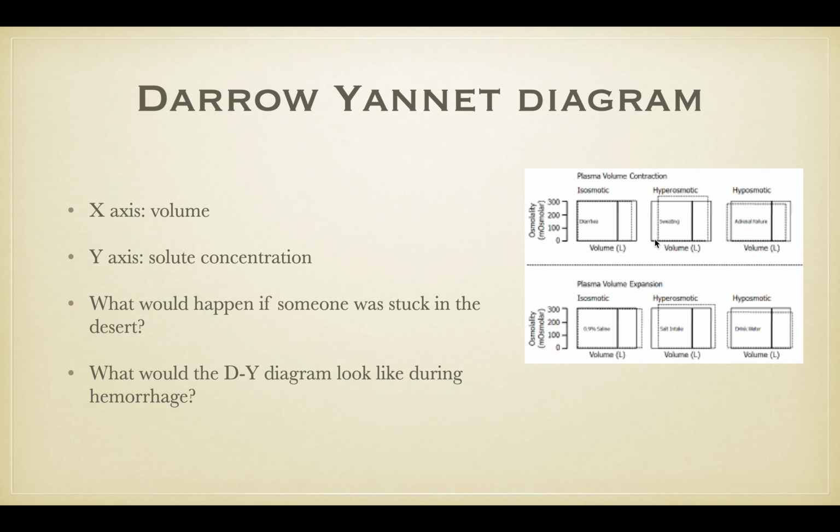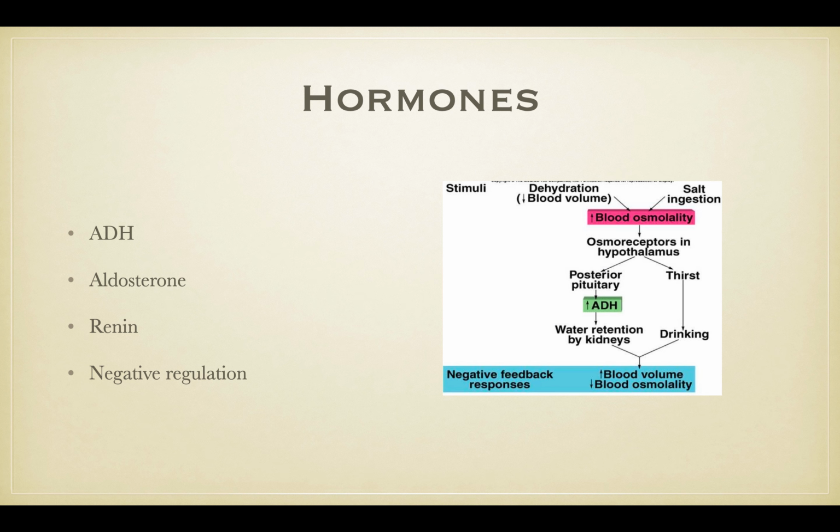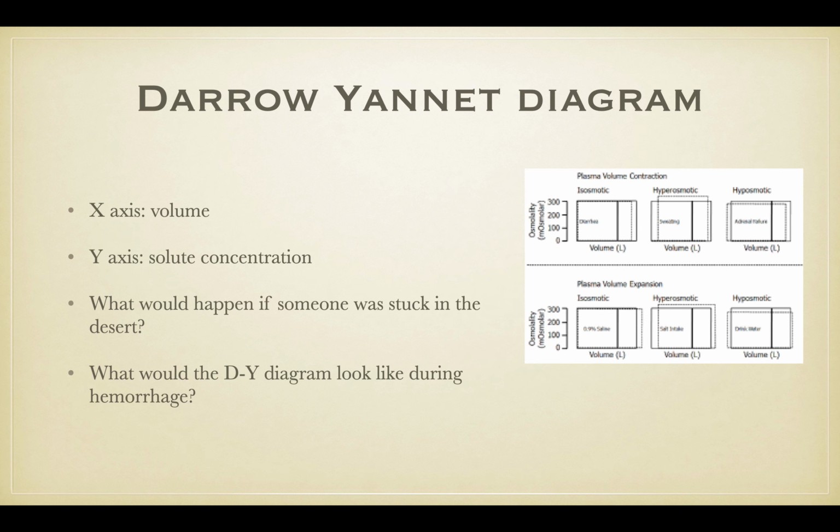Another example is what would the DARROW-YANNET diagram look like during a hemorrhage. So in the hemorrhage is going to be sort of the same, but a little bit different because you would be losing volume, but you would also be losing some solute, because you'd be losing both essentially.